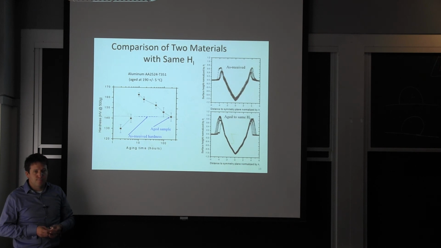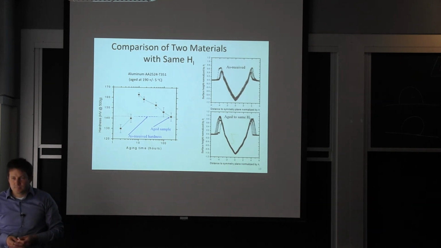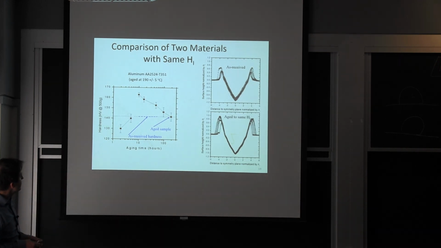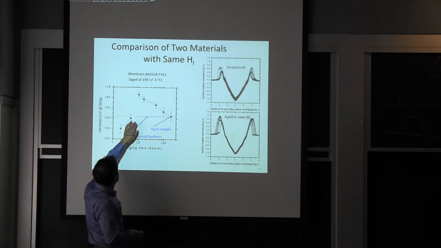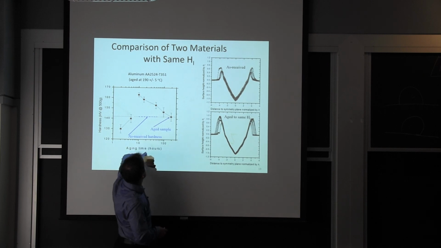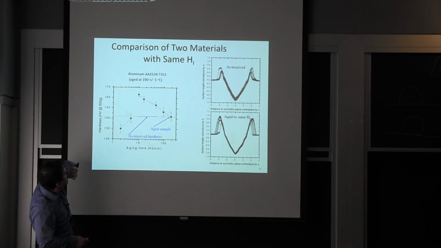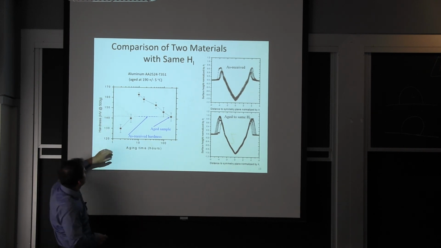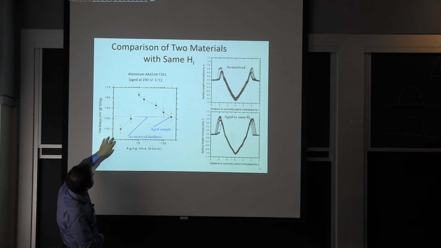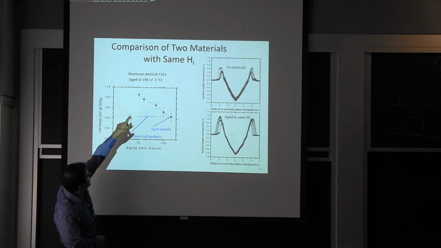Yes? How does the slope of that aged sample curve diminish with time? We're talking from here to here, or I'm missing something? Yeah, why is the slope negative? I thought the whole point was that the longer you age, the harder you get. So what happens is this comes already with some temper.